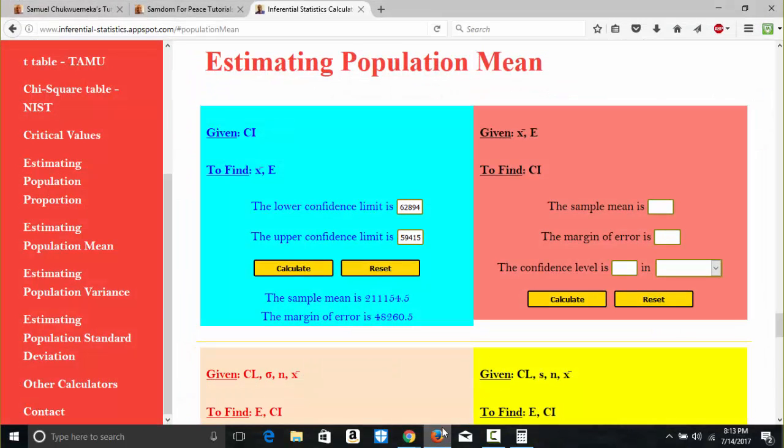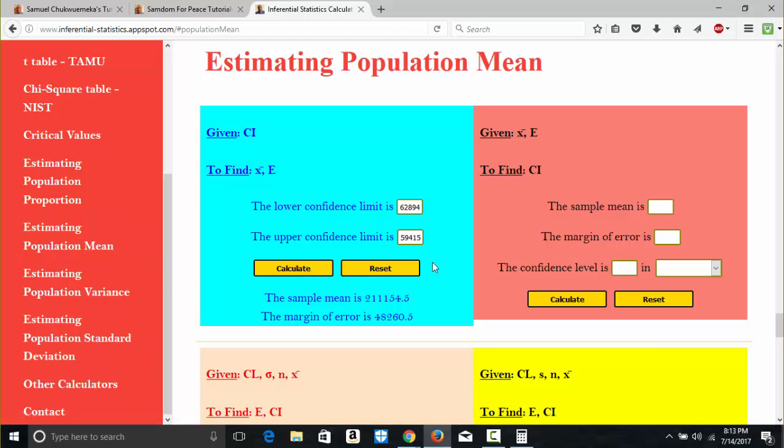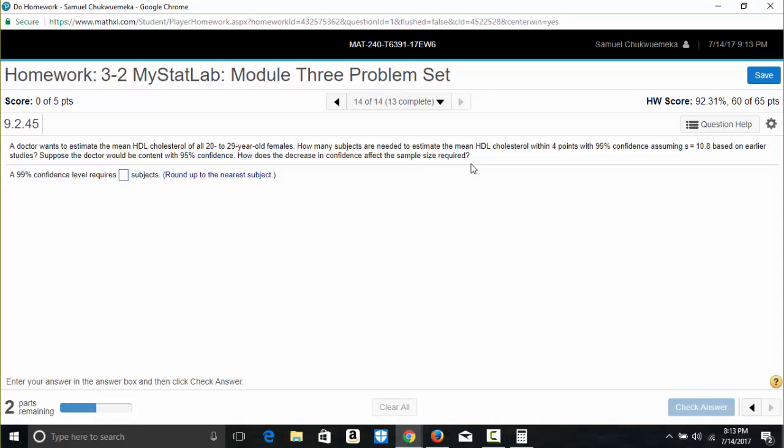So, you come to estimating population mean here, and we want to find n, the sample size. They gave us the margin of error, 4 points, and the confidence level, 99%. They also said the doctor would be content with 95% confidence, but the first question is 99%.